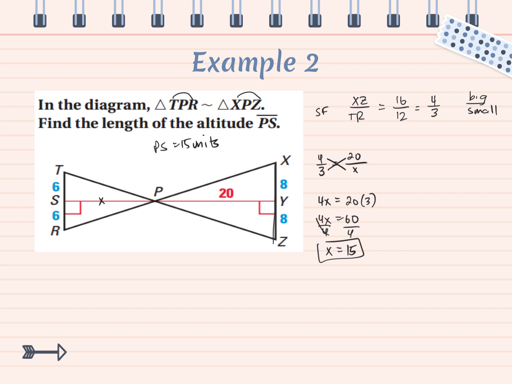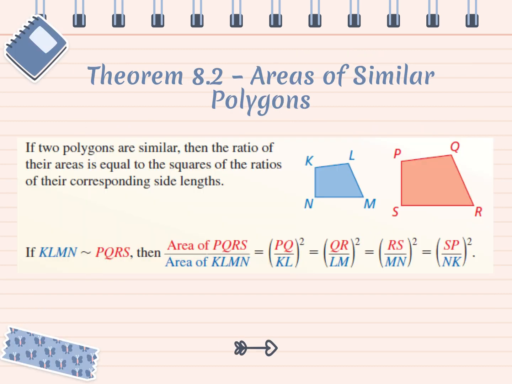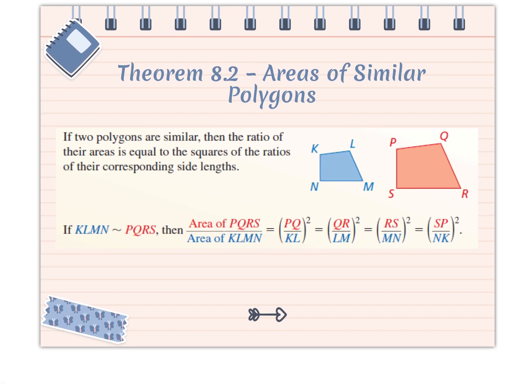So I can use the same scale factor and what I know about the corresponding parts and lengths to solve any of these problems. Like we talked about before, the side lengths have a certain scale factor. Well, the perimeters have that same exact scale factor or ratio. So when it comes to areas, the scale factor relationship is interesting.